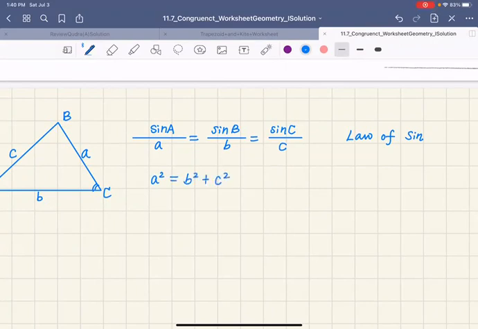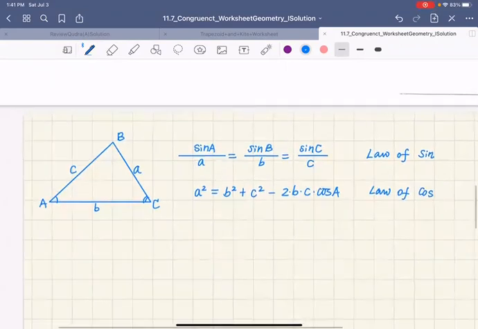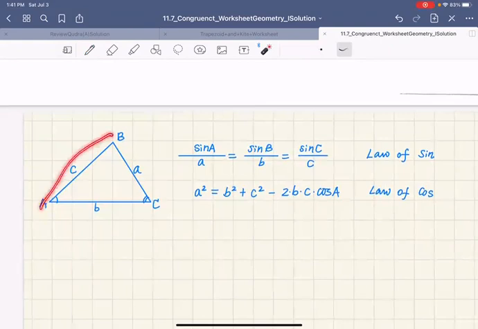You can copy down the formula first. Now the triangle has three sides and three angles, and there are so many interesting properties in just one triangle.